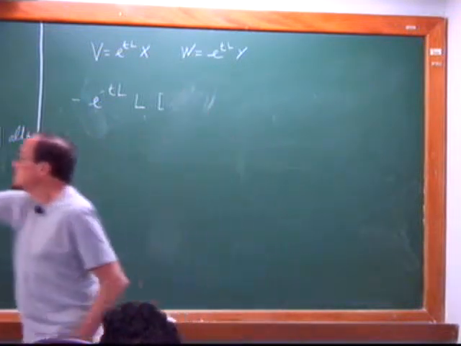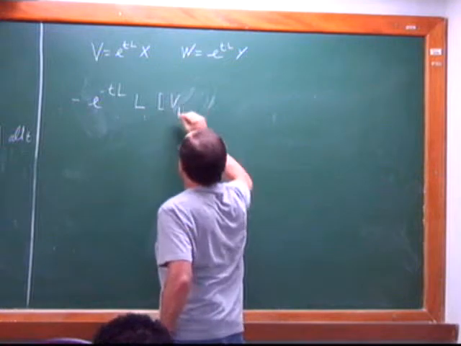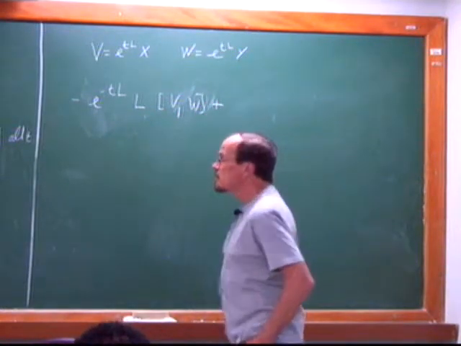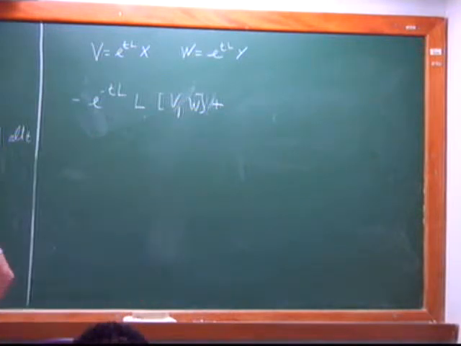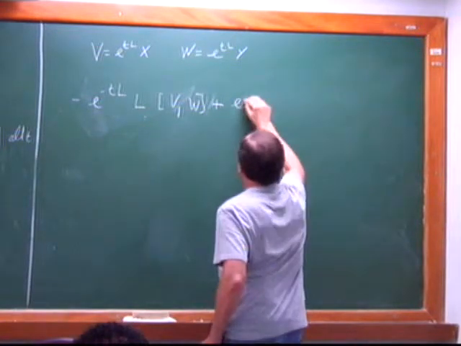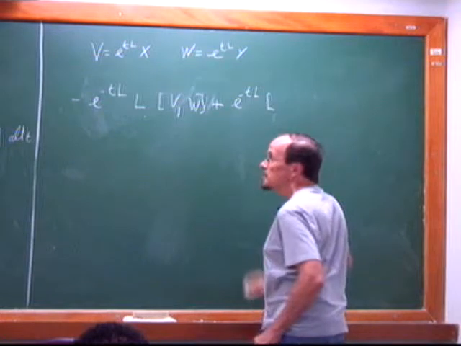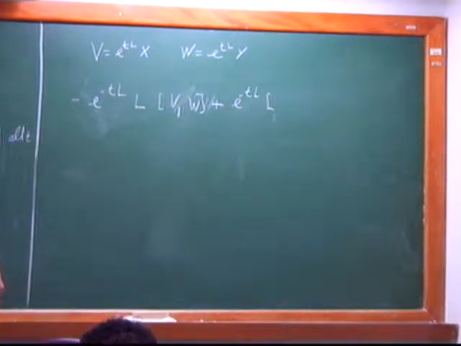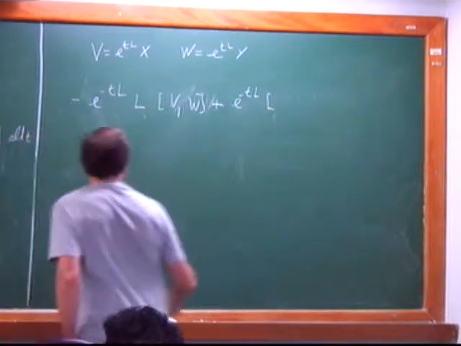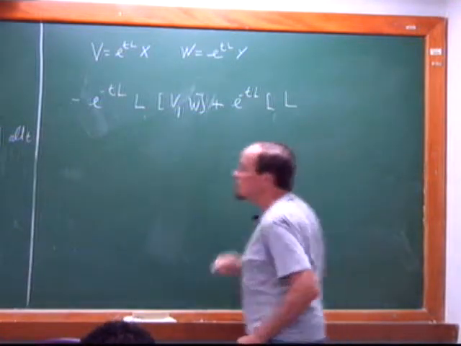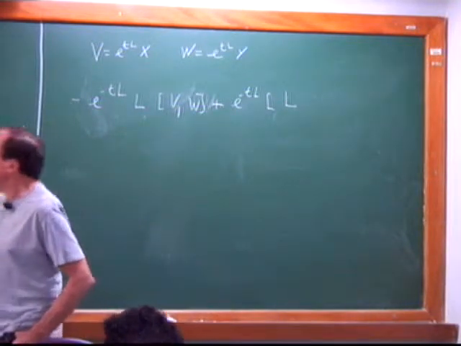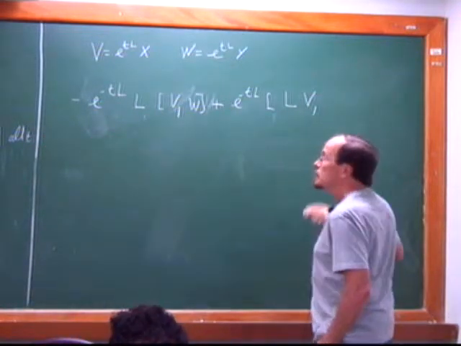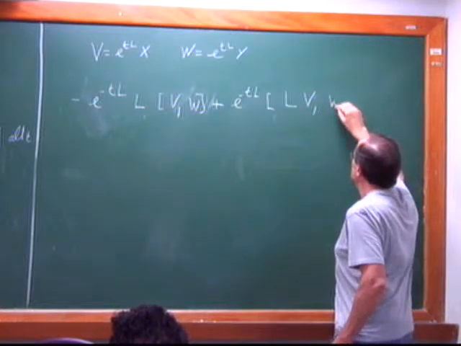So e to the tL x is called V. E to the tL y is called W. Plus this here, so e to the minus tL. Differentiate inside. Here again I can decide where to put it. I put it before this time. And it becomes L times e to the tL x. E to the tL x was V. The other term is W.